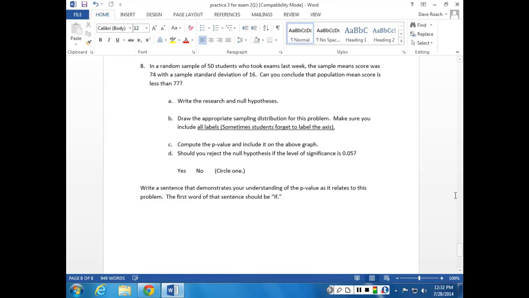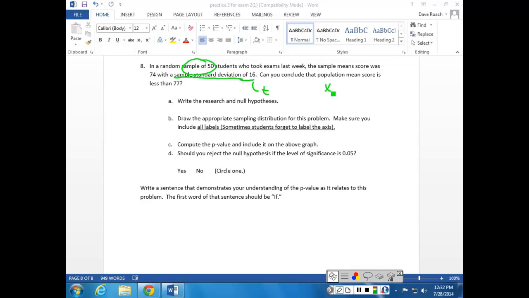I'm not going to say a lot about number 8 because I think we've already done one like this, but just to remind us, we have a sample standard deviation of 16. It's going to be a t-test because we have sample standard deviation. And there's only one sample of 50, and there's your mean.